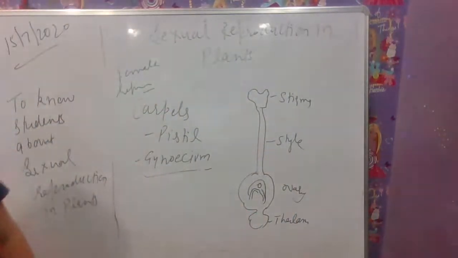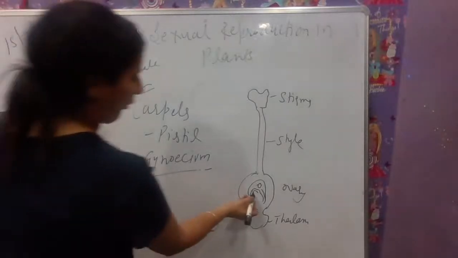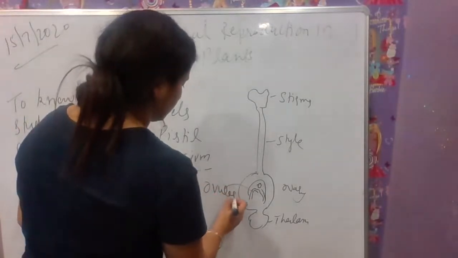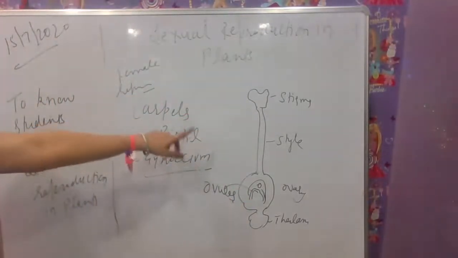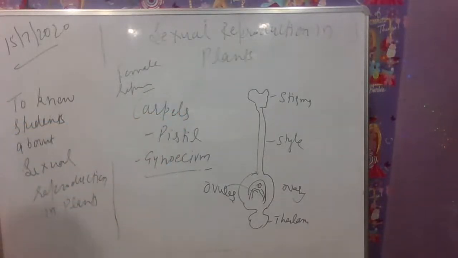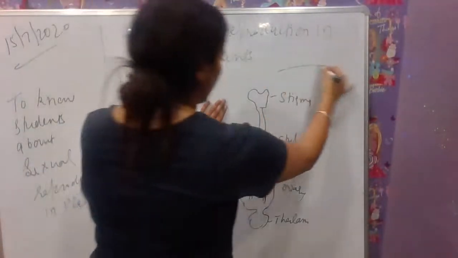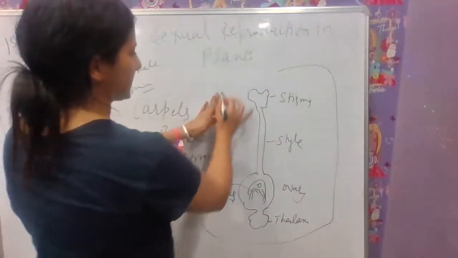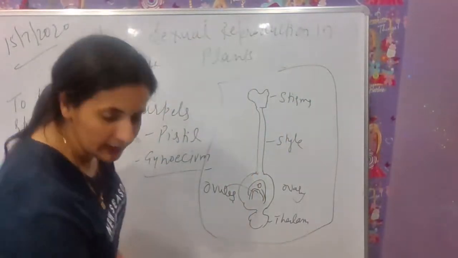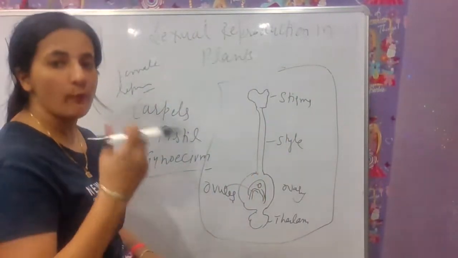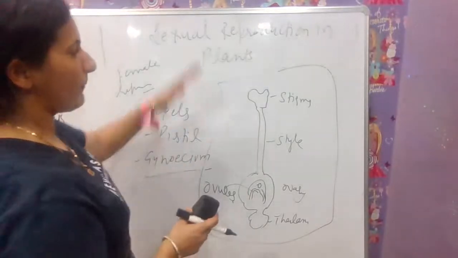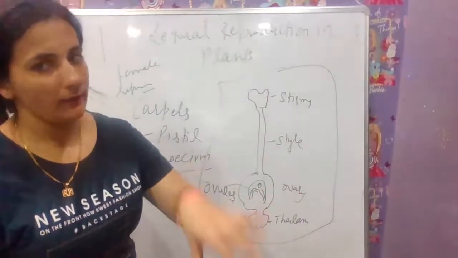Okay, clear? Now these are ovules. And this is the female reproductive part. Now from this diagram we will understand the concept of pollination. How pollen grain is transferred from a male part to a female part.